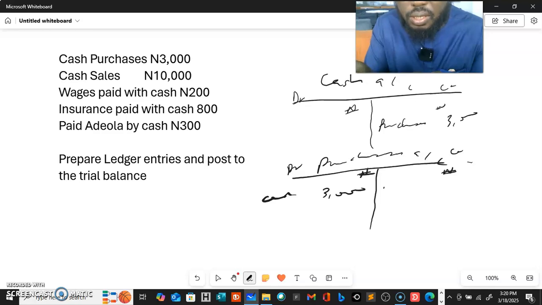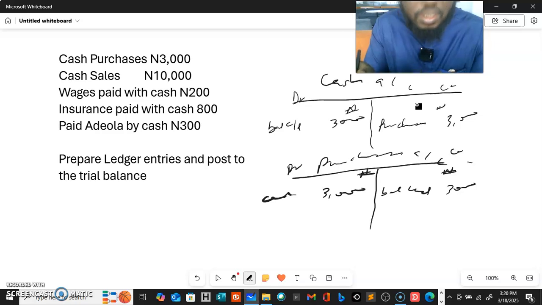So we have balance carried down on the credit side, purchases balance carried down 3,000.